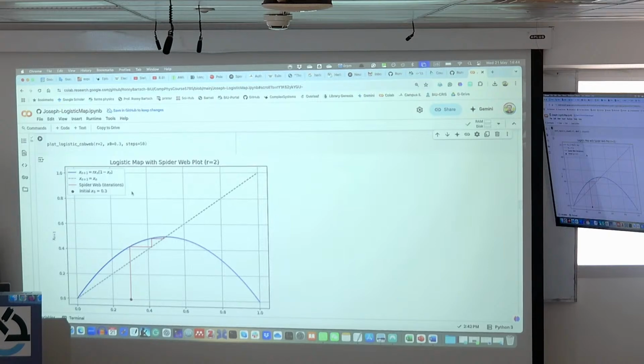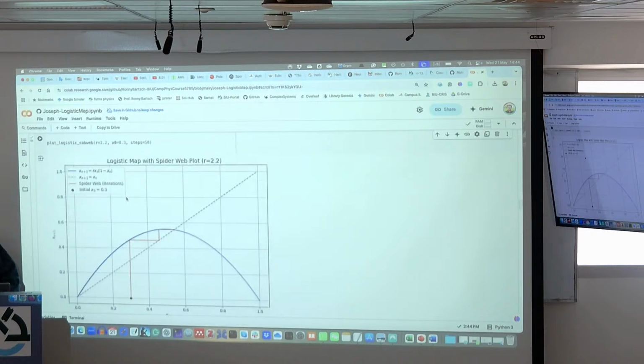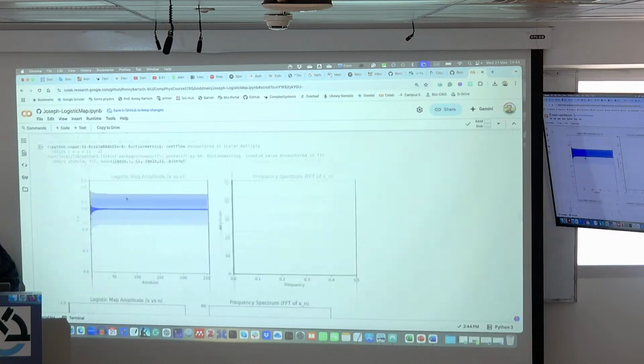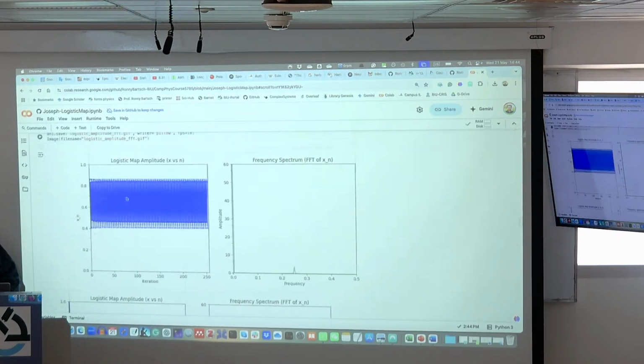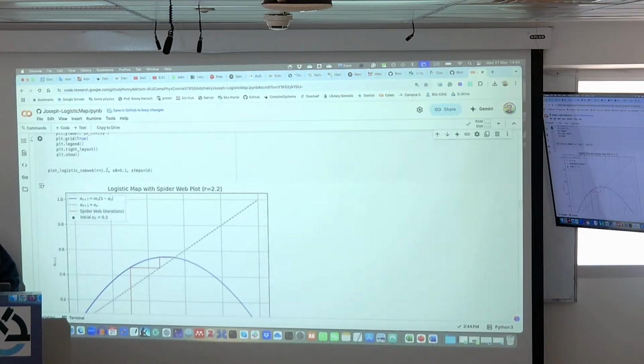Can you put more steps, just to see what happens? If you now choose an R in the chaotic regime, because we want to see how it does not reach a stable point.